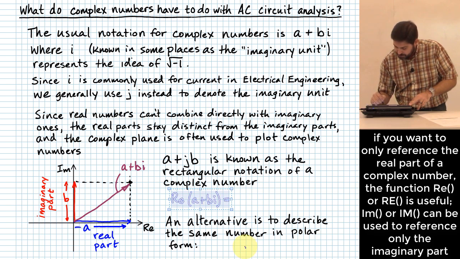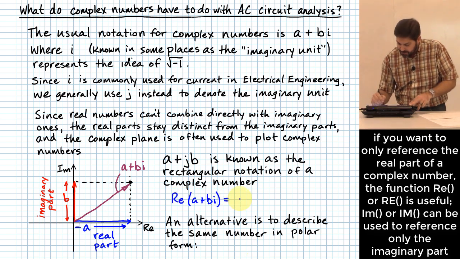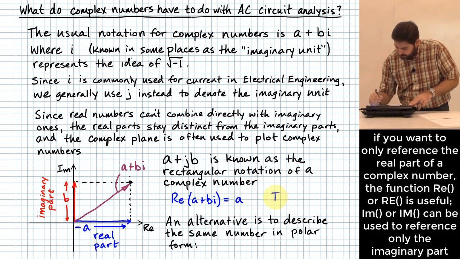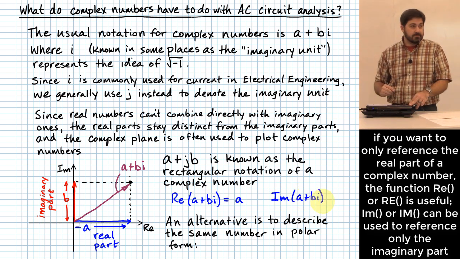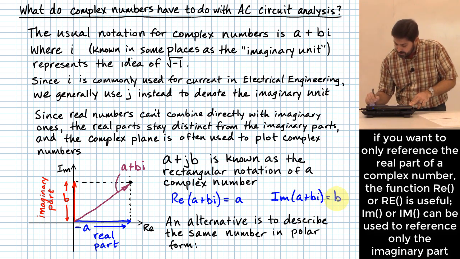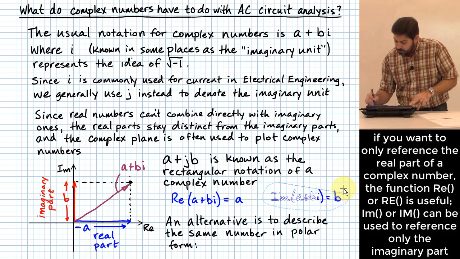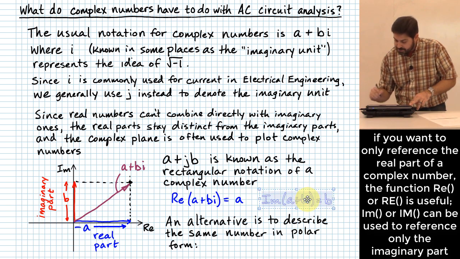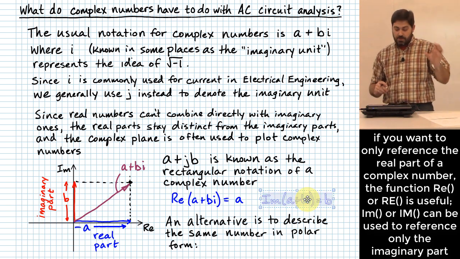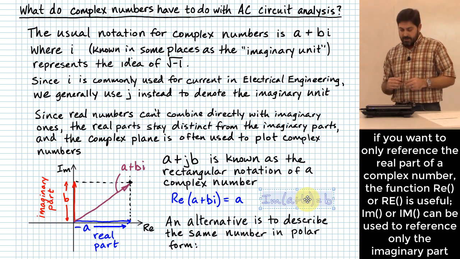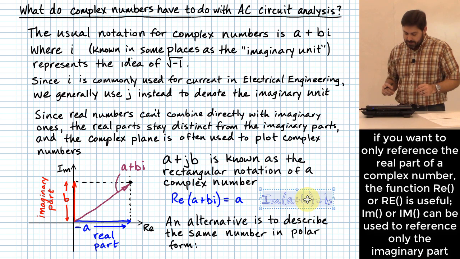What comes out of that function is just the real part, which is just A. What about this function, Im, of this imaginary number a plus bi? What do you think comes out of that? Just B. So I just take a quick detour to mention that if you want to pick off either the real portion or the imaginary portion of a complex number, we have some functions that will do that, and I wanted to define what those meant right there.